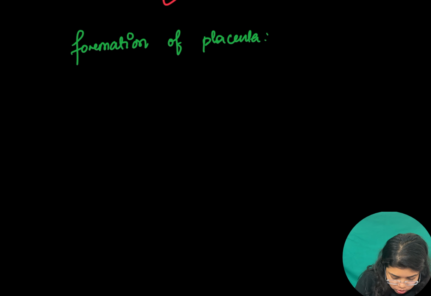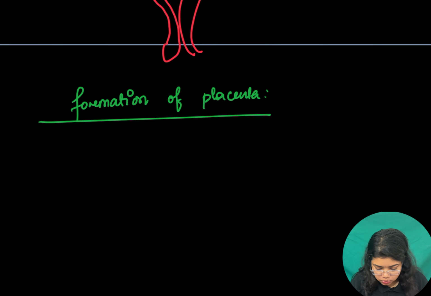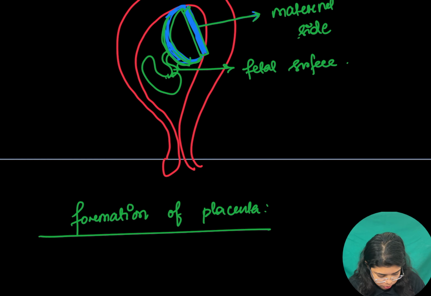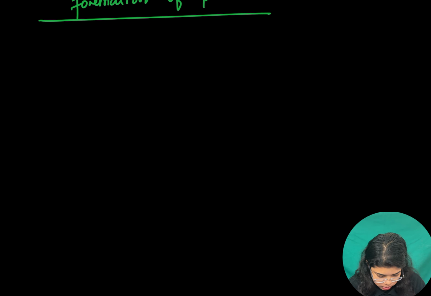I've told you both surfaces. The fetal surface is formed from chorion frondosum and the maternal side is formed by the decidua basalis. So how is it formed?